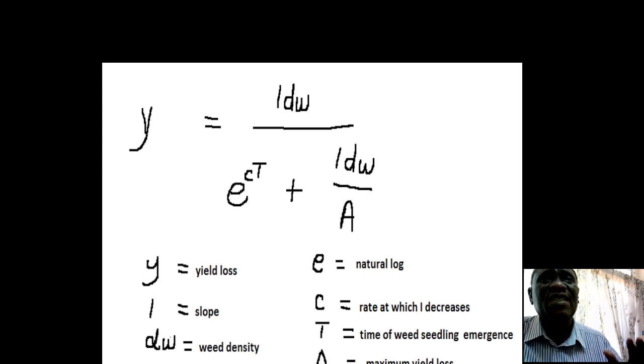But if you put e to the power of CT, then you can predict the yield loss in a field much better. It's the same equation, he just removed the 1.